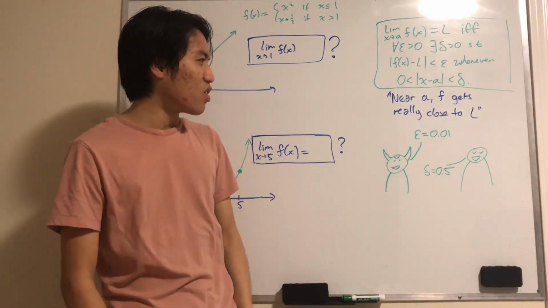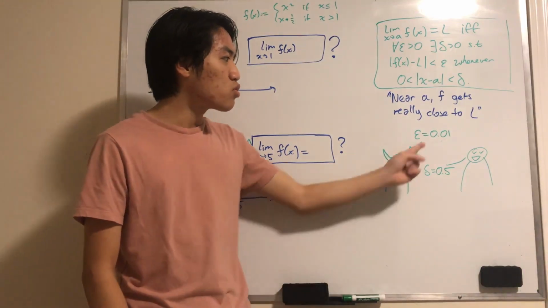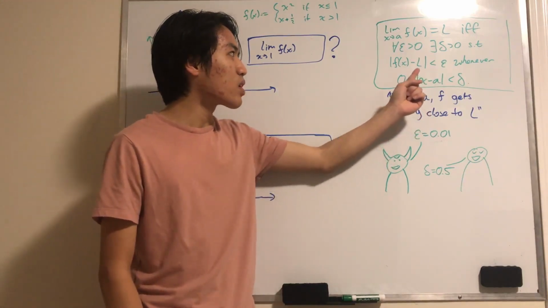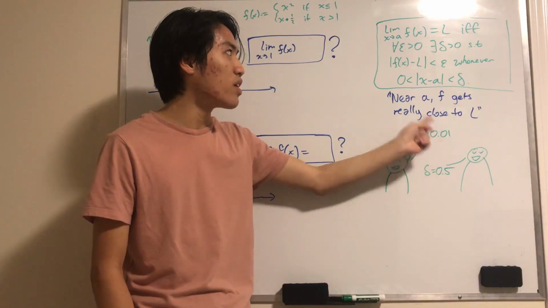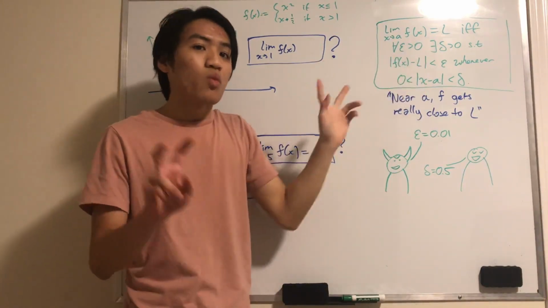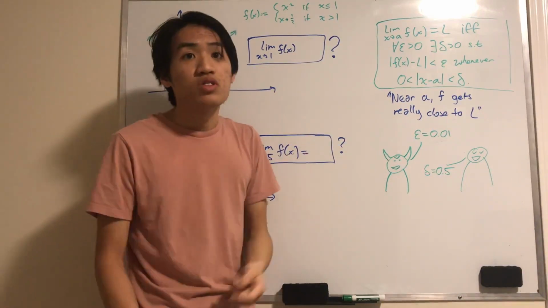So they say, okay, prove it to me. Let's say epsilon is equal to 0.01. In other words, we're saying all the values of f are within 0.01 of L. The distance from f of x to what we claim the limit value is going to be 0.01 at most.